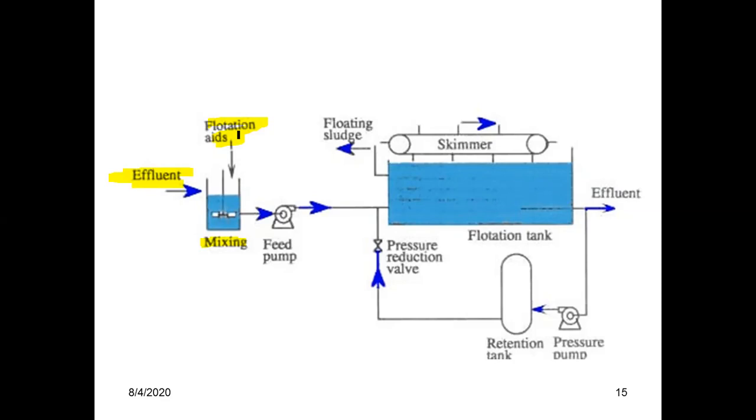Because of the addition of coagulants and flocculants, the oil can be coagulated and conglomerate. Then they are sent to the flotation tank. Then the oil comes to the top, and by a raking mechanism, a skimmer, it is removed.